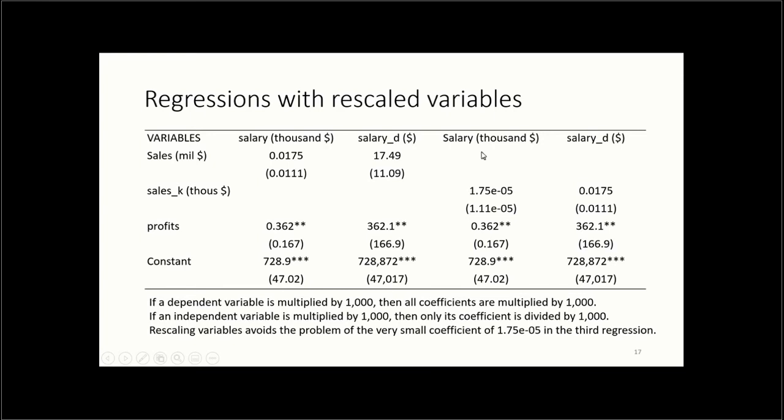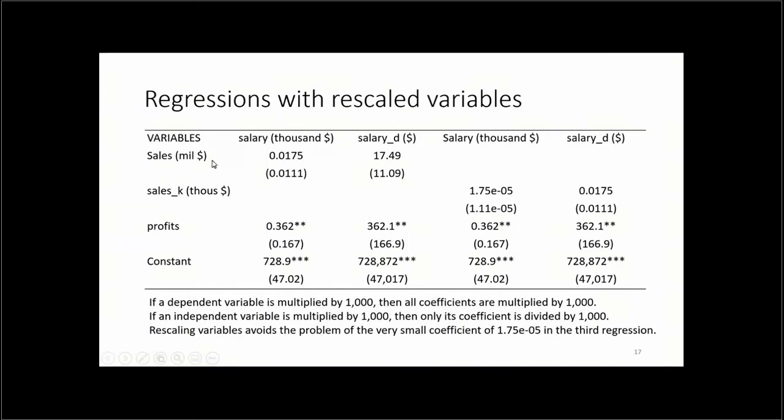So notice here, if salary is measured in thousands versus in dollars, and we multiply the dependent variable by 1,000, all of these coefficients get multiplied by 1,000. On the other hand, now let's compare this regression with this regression. Here the independent variable is in millions of dollars, and here it is in thousands of dollars.